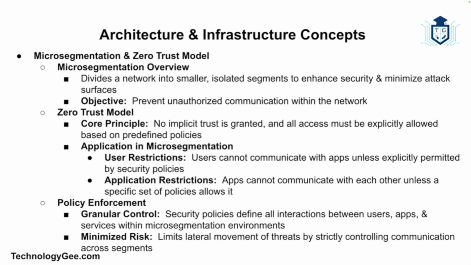Most microsegmentation environments apply a zero trust model, which dictates that users cannot talk to applications and applications cannot talk to other applications unless a defined set of policies permits them to do so.